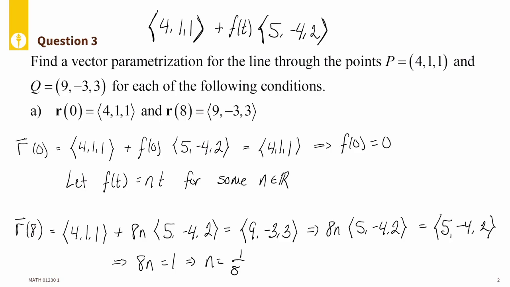And so n is 1 over 8. That'll be the parameterization for these conditions.